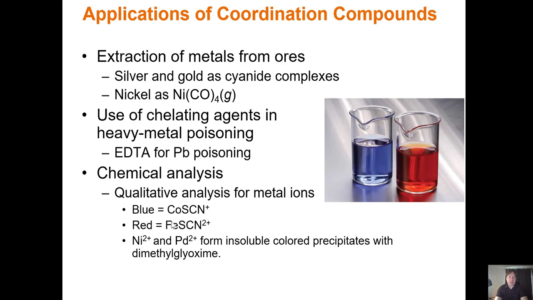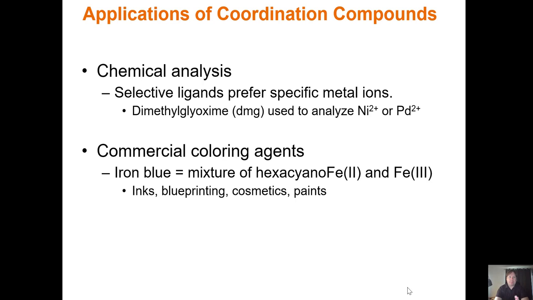So potentially cobalt and iron, we can see here with the thiocyanate ion have very specific colors. There are some ligands that do prefer specific metal ions. So again, additional things that go into this sort of qualitative analysis.